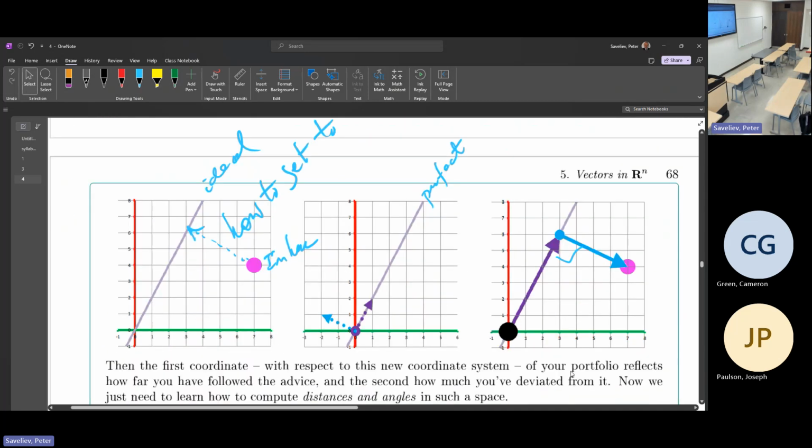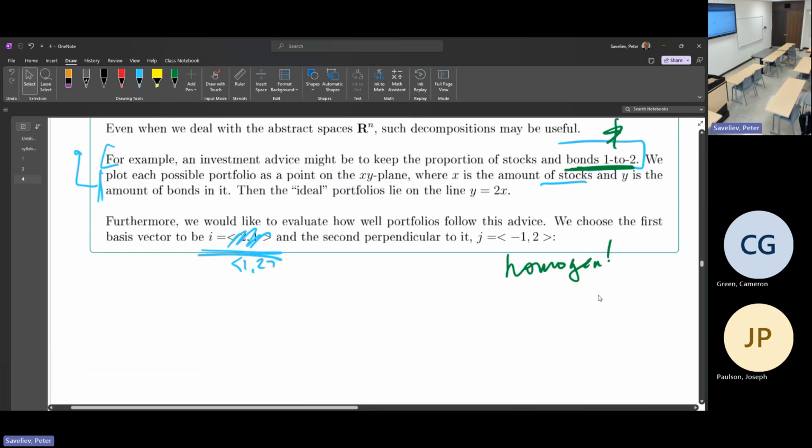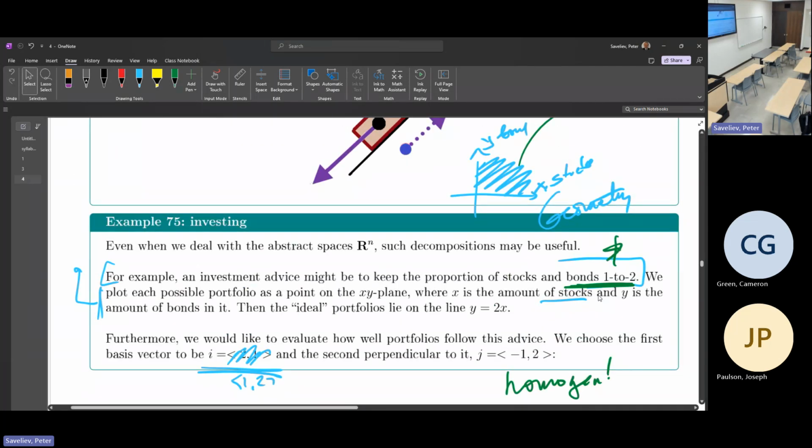The point that I want to make again is the decomposition of every portfolio. Look at it. Initially, every portfolio is decomposed into stocks plus bonds. That's the original decomposition.